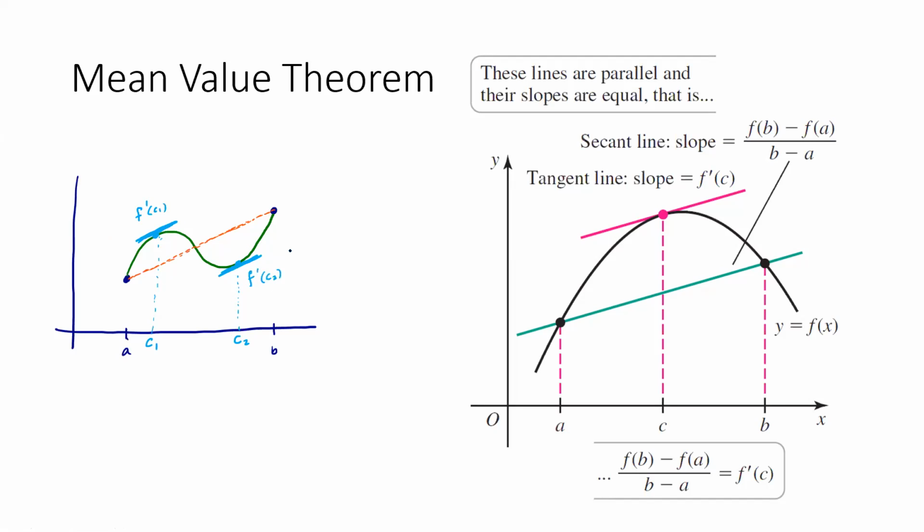You'd have 2 points there where the slope is equal to the slope of the secant line. So there's this conclusion that we can say that f prime of c must now equal the slope of the secant line, f of b minus f of a over b minus a.